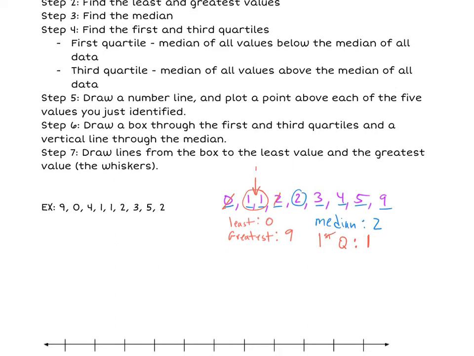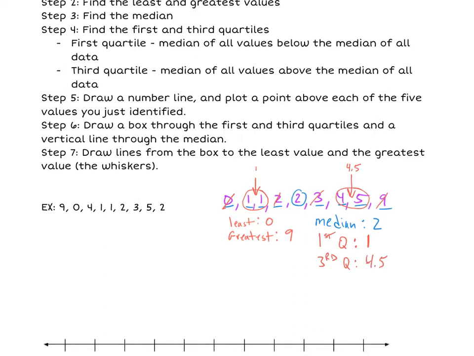That's just what they call that number, the first quartile. Then our third quartile is going to be the middle of the numbers bigger than your median. So we'll cross off the 3 and the 9, and it's halfway between these numbers here. So we've got 4.5. So our third quartile is 4.5.